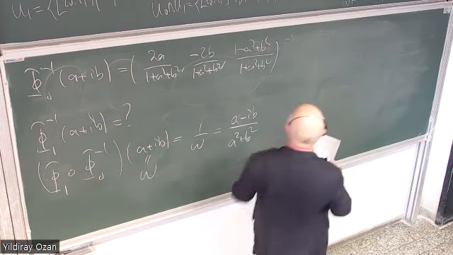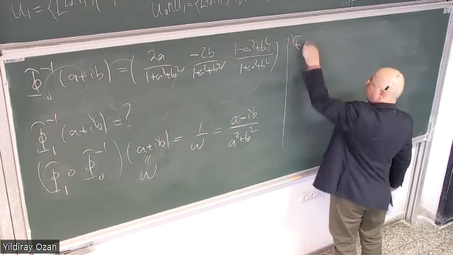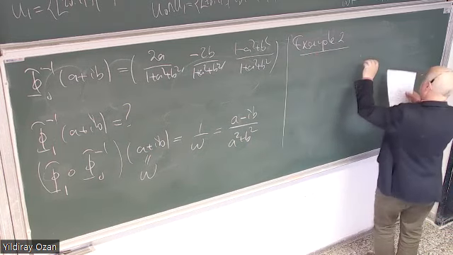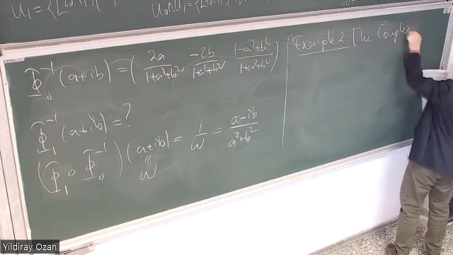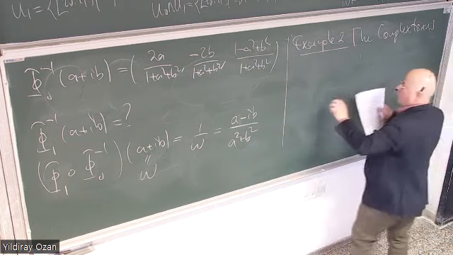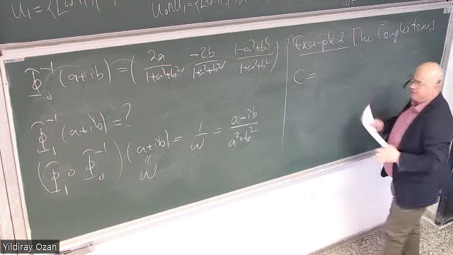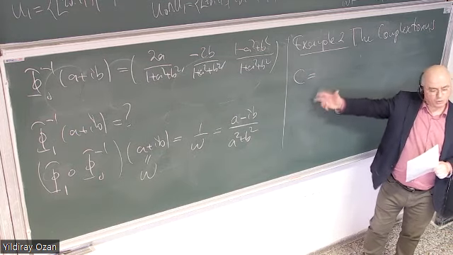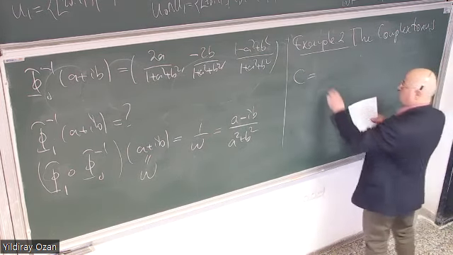Second example. The complex torus. C, I will denote again by C. C will actually correspond to a curve, a complex curve, which is the surface in our case.